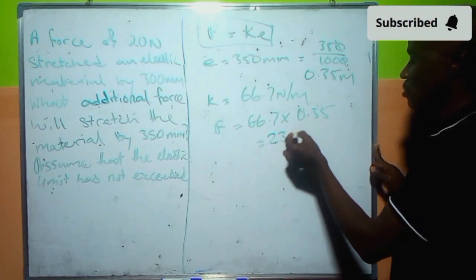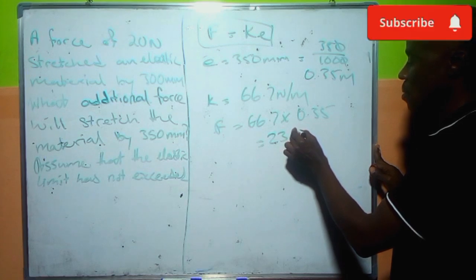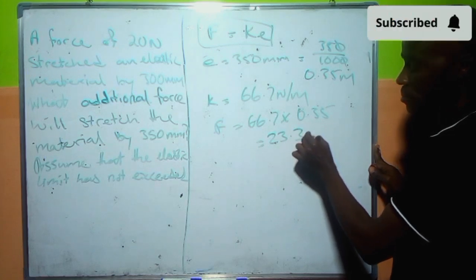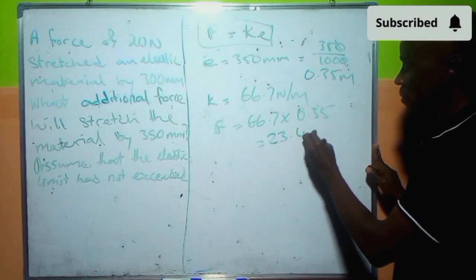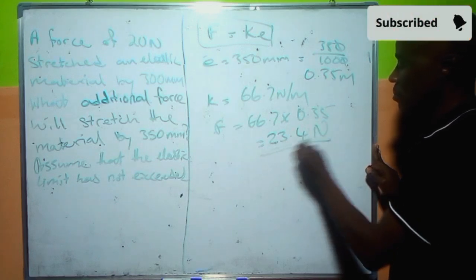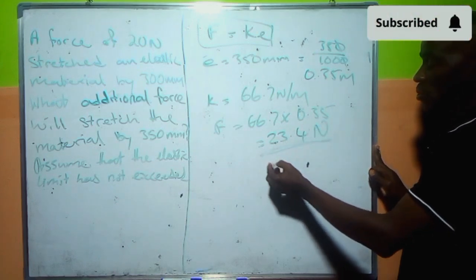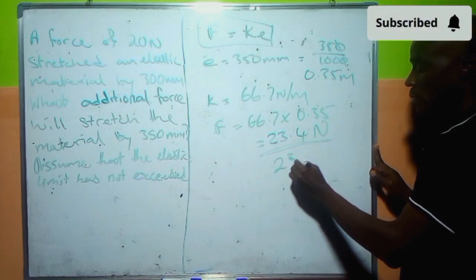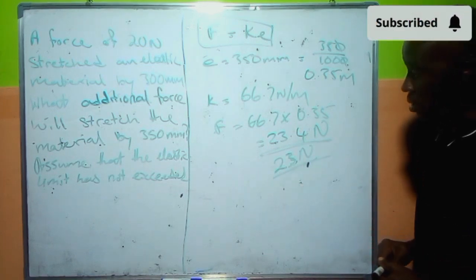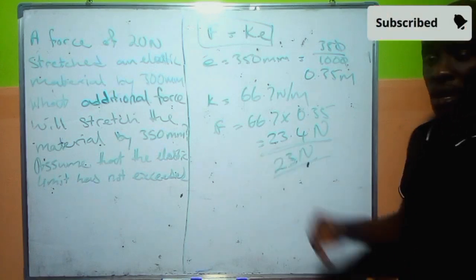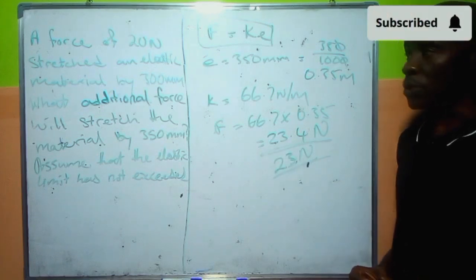We can say approximately, or to the nearest whole number, we will have 23 Newton. So this is how to handle this question.